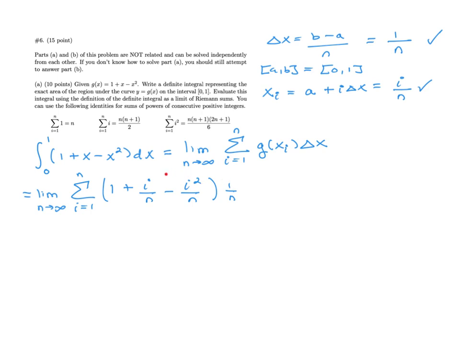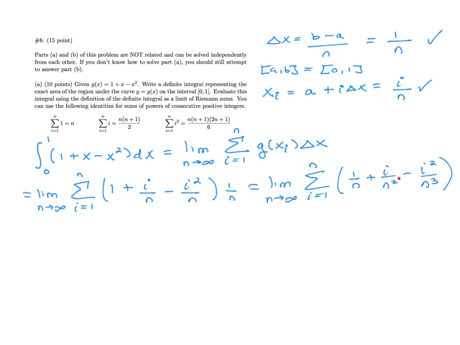I'll multiply the 1 over n into the parentheses and eventually split this up into a sum of 3 different pieces. This is the limit as n approaches infinity of the sum of i going from 1 to n of 1 over n plus i over n squared minus i squared over n cubed.